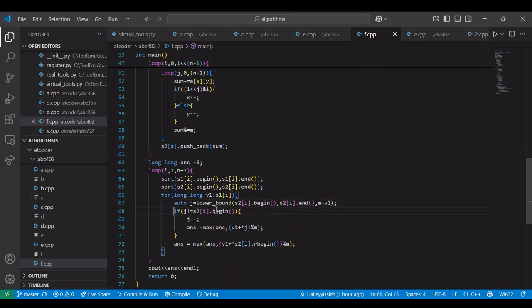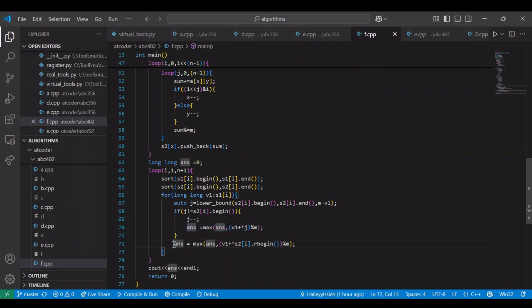And so we can update the answer only when j is not equal to begin. That way we can subtract 1, because we want less than and lower bound gives us greater or equal to. And so we can update the answer to find the maximum.